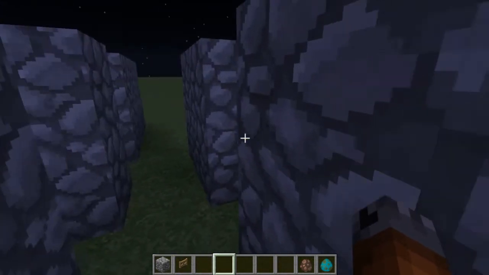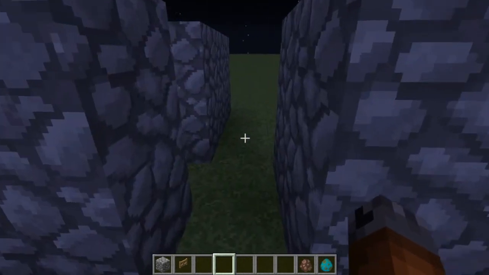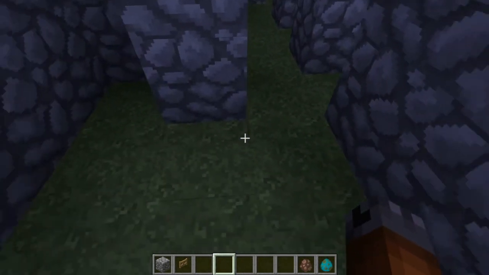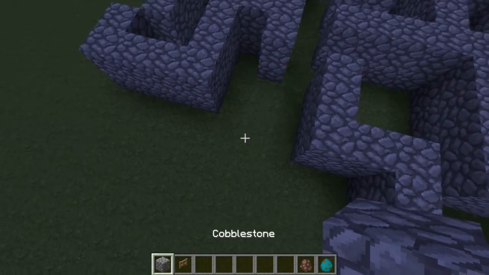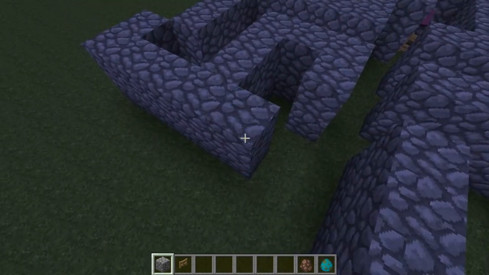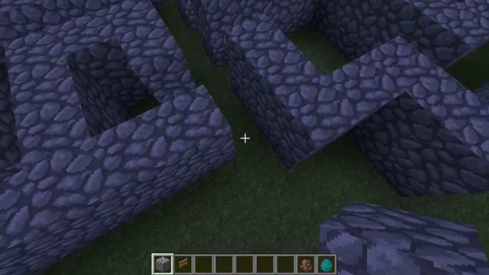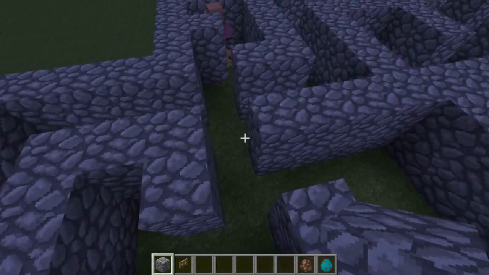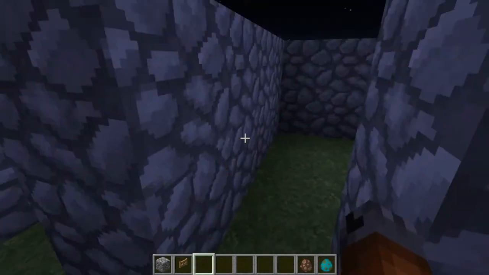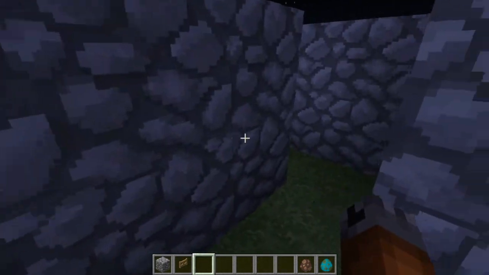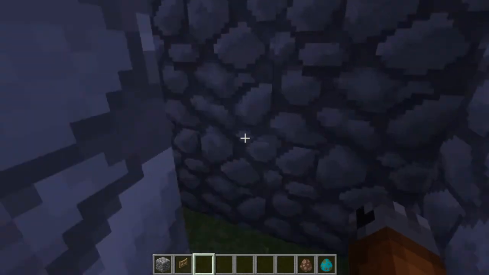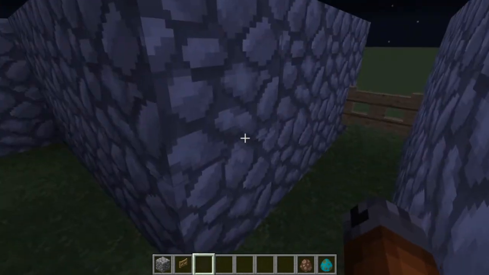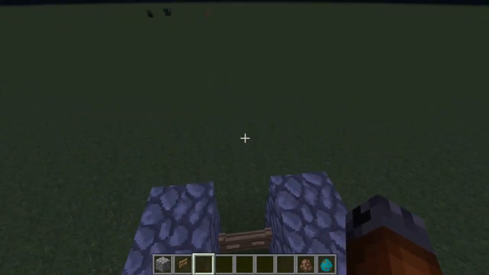So that's a piece of information that we've discovered. I didn't fill in my maze. Let me fill in my maze. Okay, so continue on. And there we are, back at the beginning.